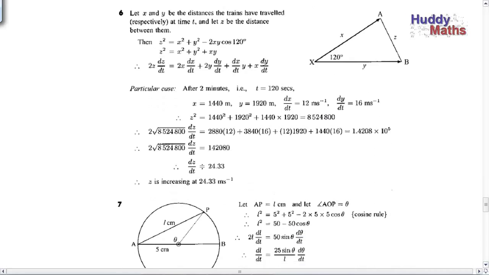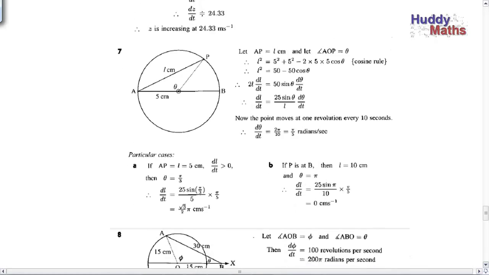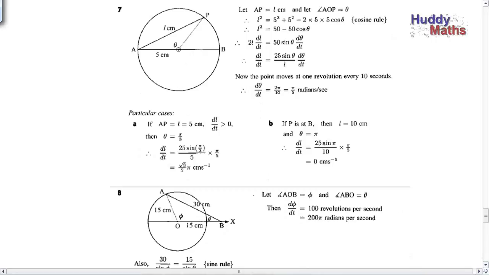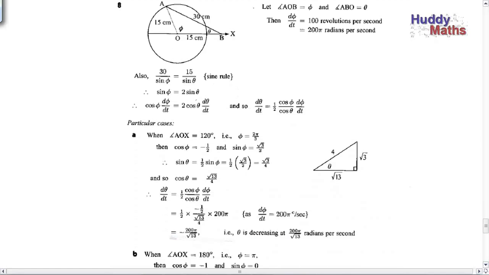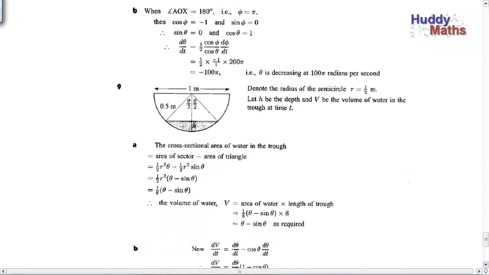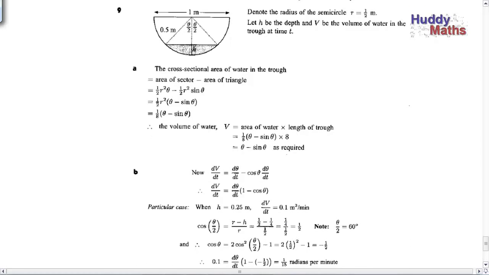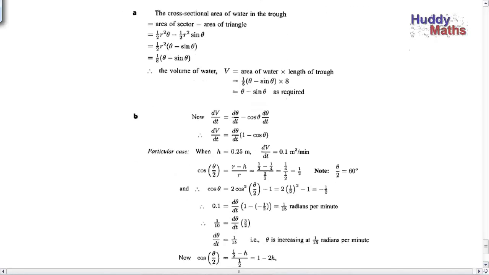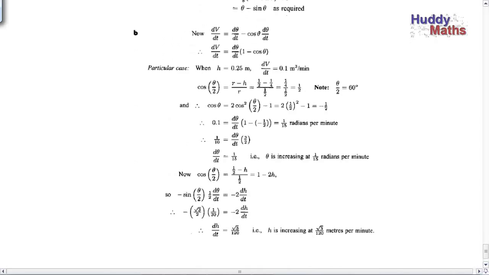And question 6. Question 7. Question 8A, we've got more to come there. And there's B. Go to question 9 now. A. We'll just come to B. Come down a bit more.